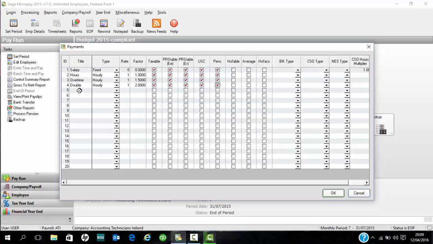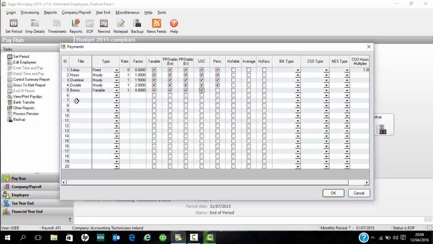Okay. Other payments that can be done are a bonus or commission. This would be a variable amount, as it wouldn't be fixed. You could pick 1 if you want to, that was one amount as well. Okay, taxable, PRSIable, employer, USC.